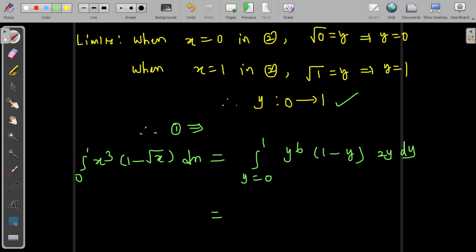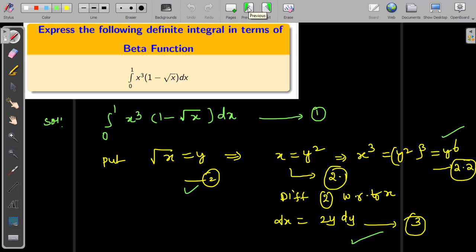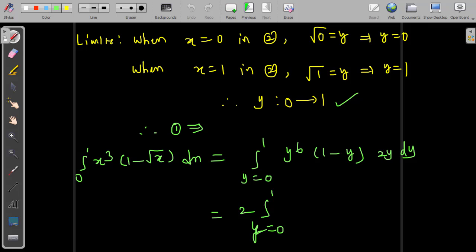From this, 2 is a constant, so write it outside the definite integral: 2 times the integral of y from 0 to 1. It's a very simple idea; the only power is on root x, nothing else is there.